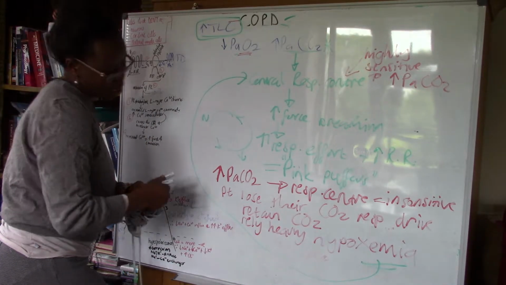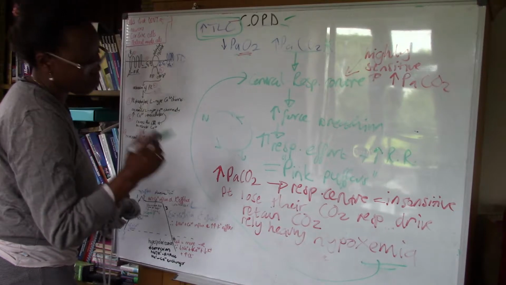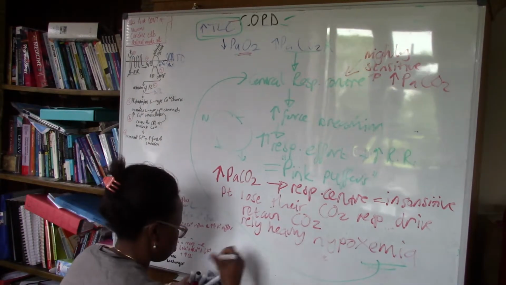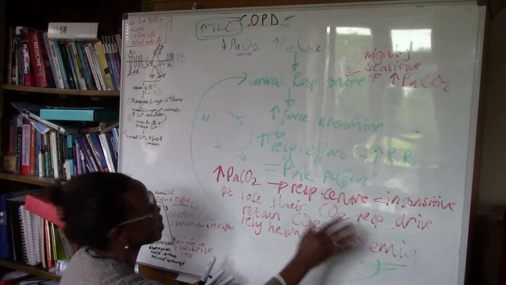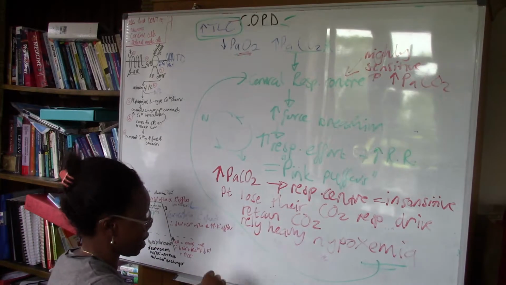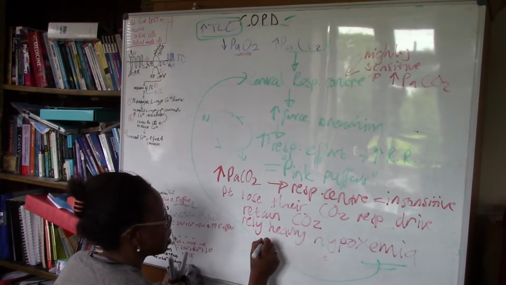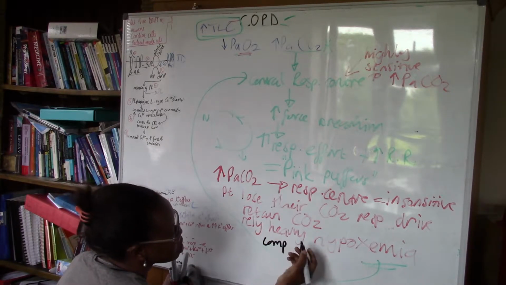So these patients who heavily rely on the hypoxemia drive normally present as follows: because of the low oxygen that they have, the body will kick in the compensation mechanisms that we learned about in cardiology.